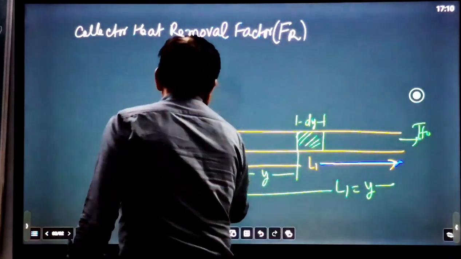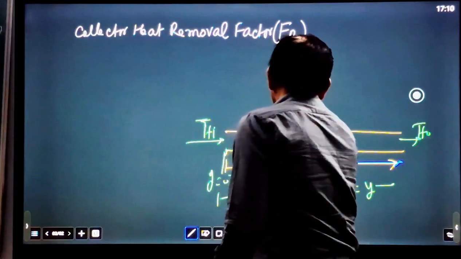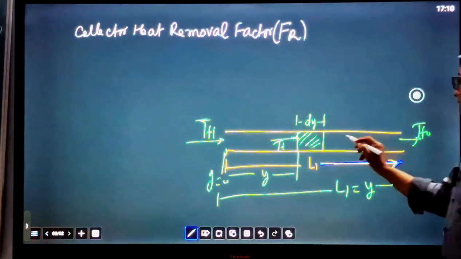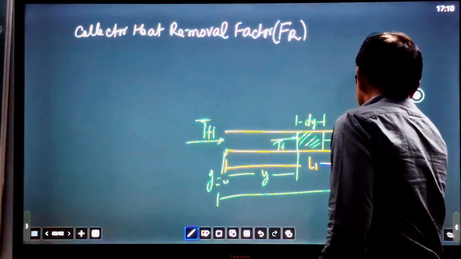At y equal to 0, the temperature is Tfi, and at y equal to L1, the temperature becomes Tfo. At this point y, the temperature is Tf, and when it moves a distance dy, the temperature becomes Tf plus dTf.